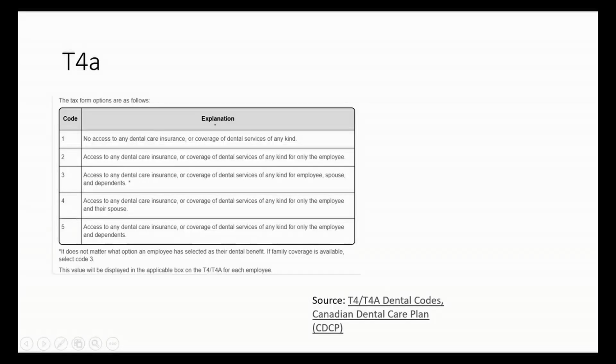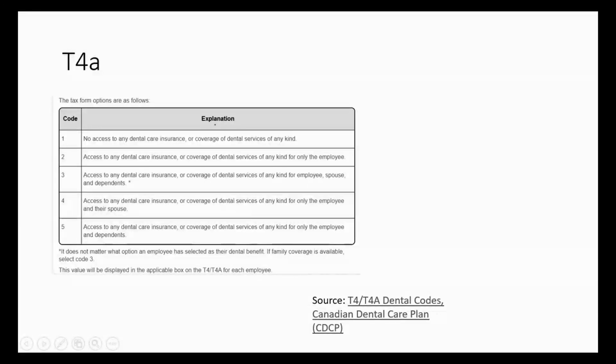Number 1, no access to dental care insurance or coverage of dental services of any kind. Number 2, access to any dental care insurance or coverage of dental services of any kind for only the employee. Number 3, access for employees, spouse, and dependents.